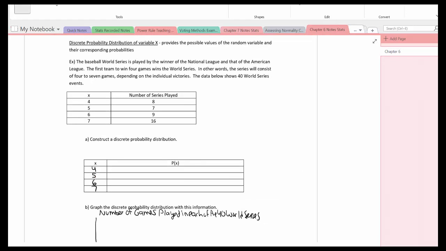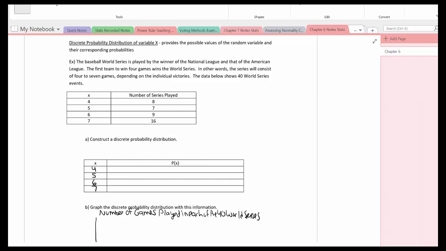Okay, so a discrete probability distribution provides the possible values of the random variable and their corresponding probabilities. Let's take a look at an example. The Baseball World Series is played by the winner of the National League and that of the American League. The first team to win 4 games wins the World Series.